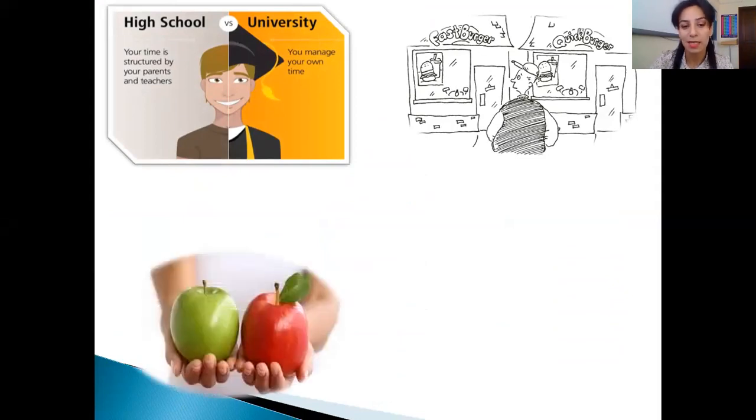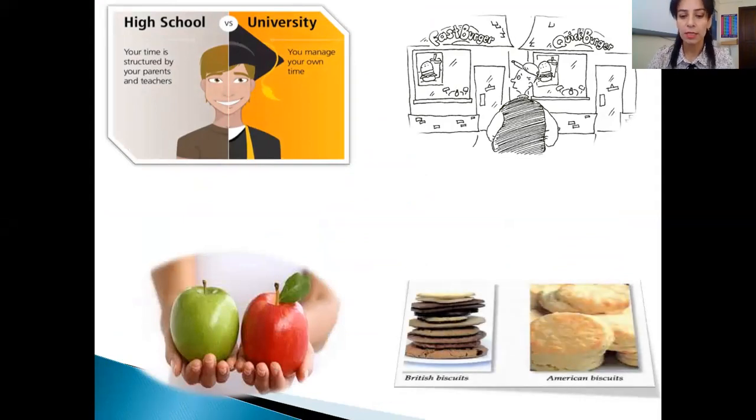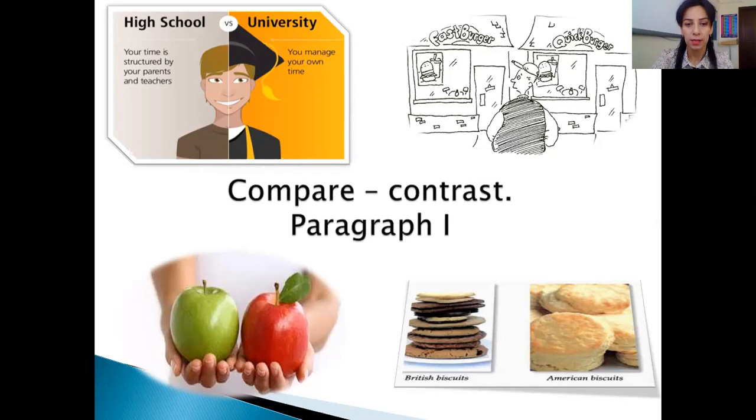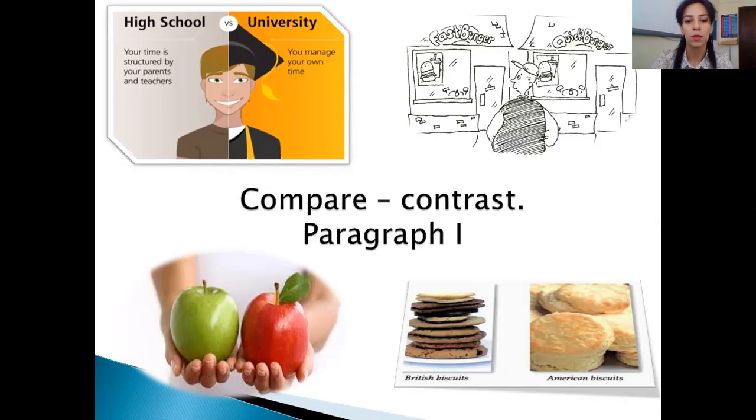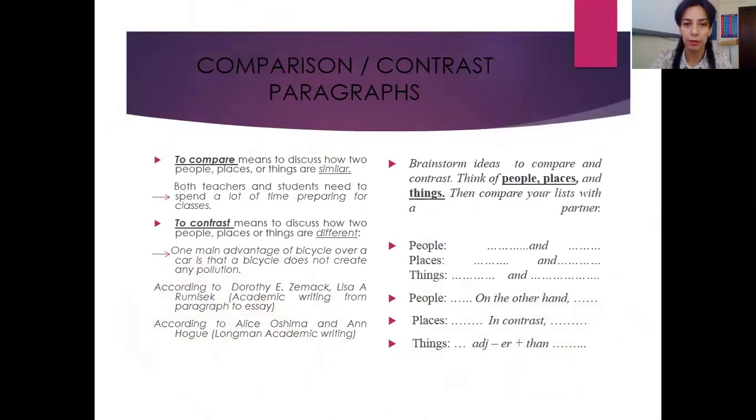Two apples, their colors are compared here: green and red apples. The next is the comparison of British and American biscuits according to their color and taste. And the topic that we are going to speak about today is compare and contrast paragraph writing.